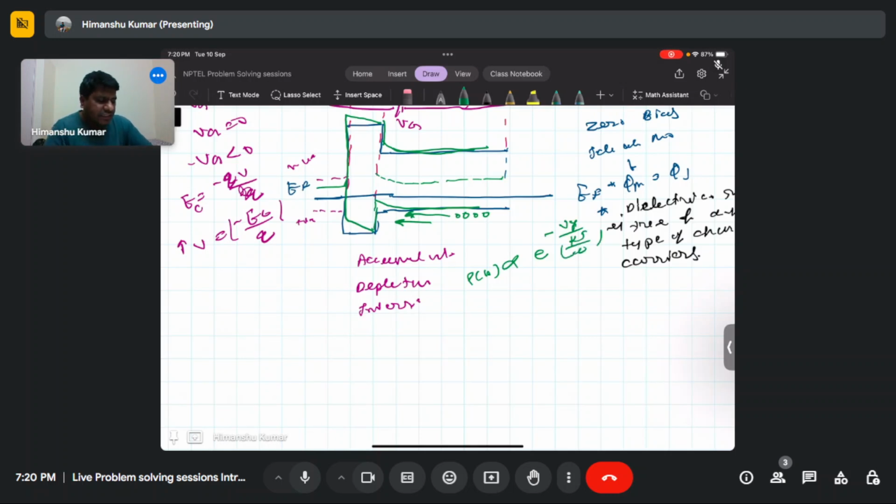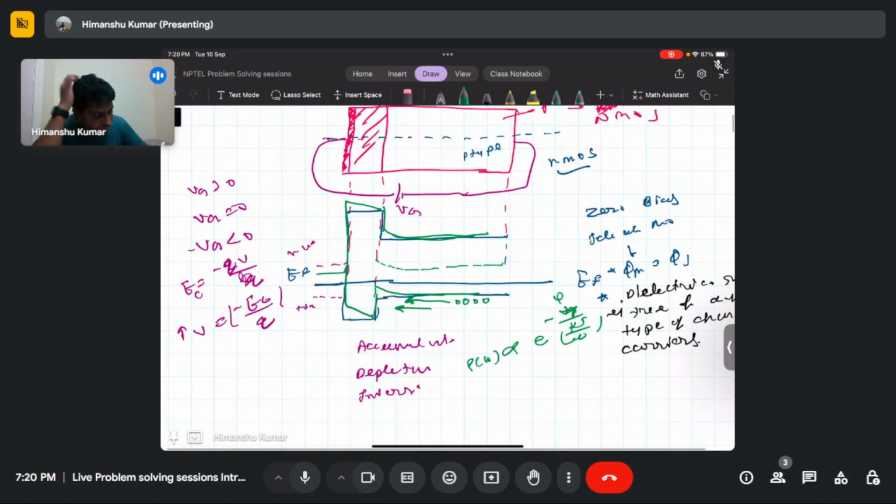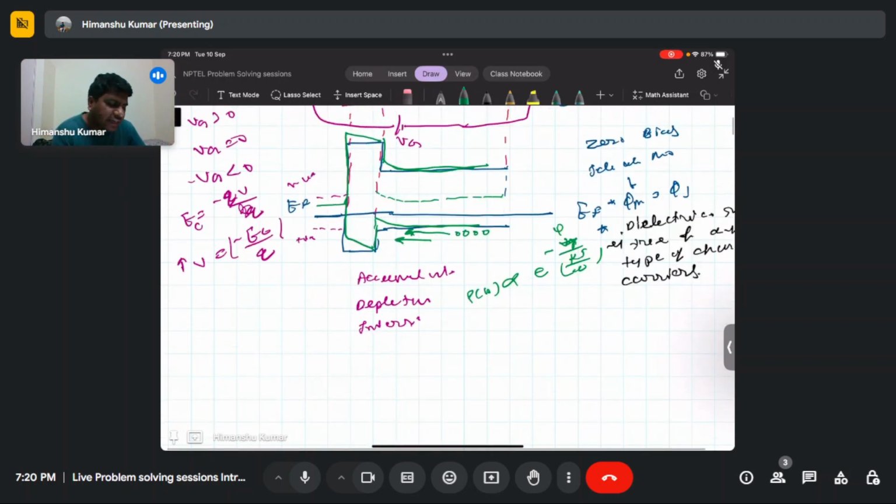So you see the charge density is increasing exponentially with respect to the potential drop across the semiconductor, which is the surface potential. As you apply the negative bias and increase the surface potential, the charge will go exponentially high.